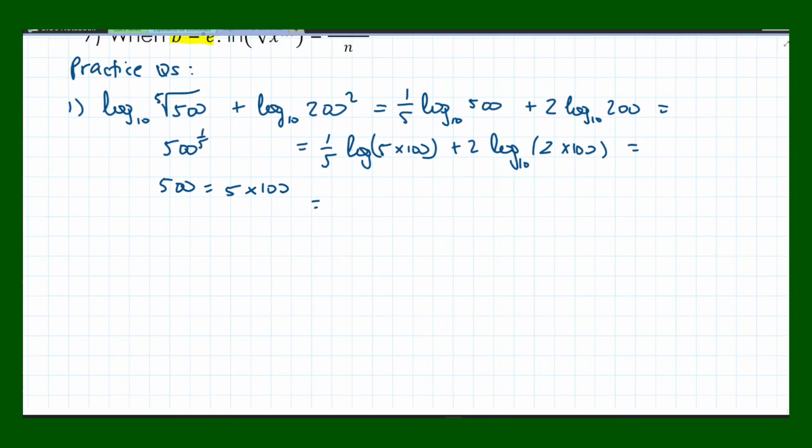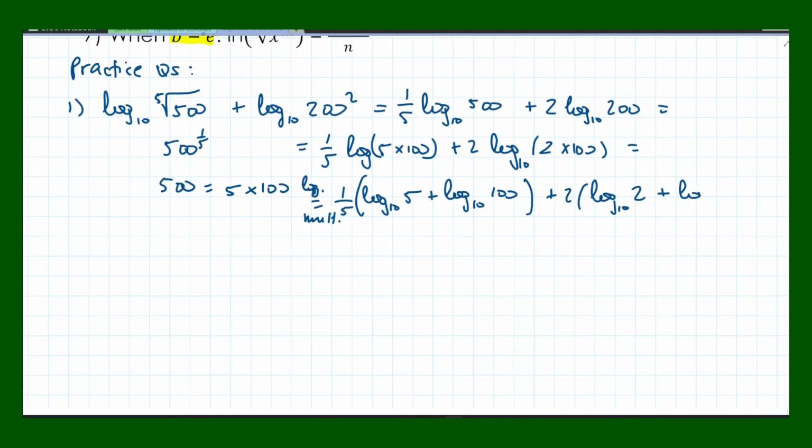Okay, keep going. Now I can apply the log multiplication rule. So it's going to be 1 over 5 times log 10, 5, and I'm going to keep the bracket here, plus log 10, 100, plus 2 times log 10, 2, plus log 10, 100. Okay, I've got a bit more space in here now.